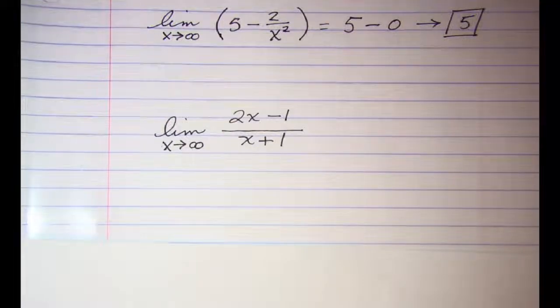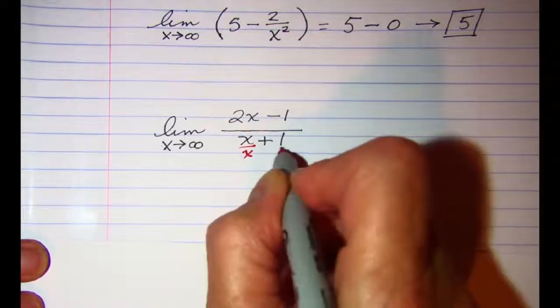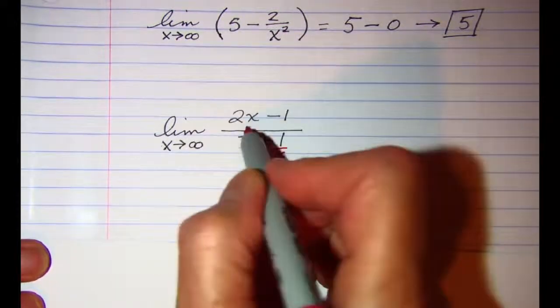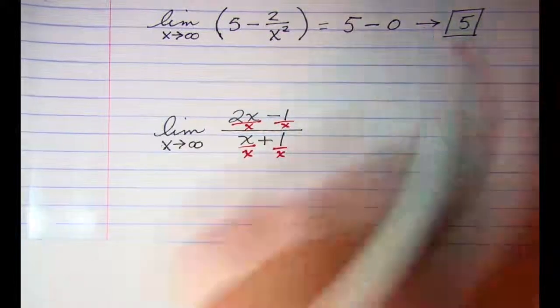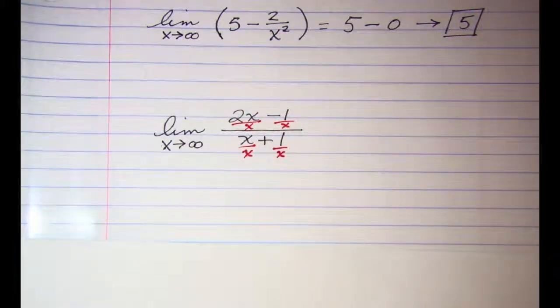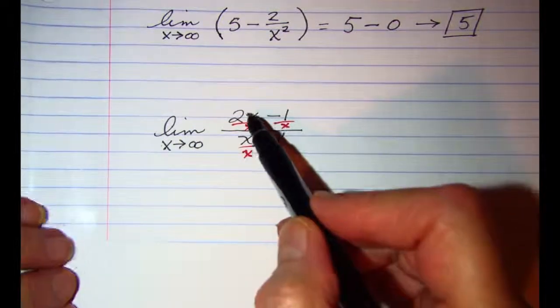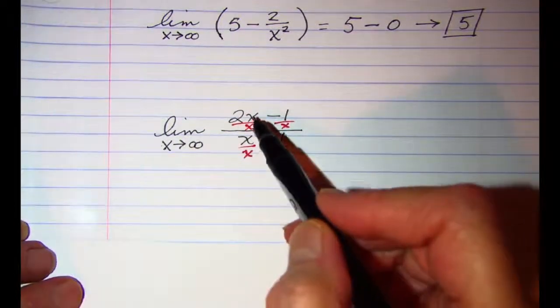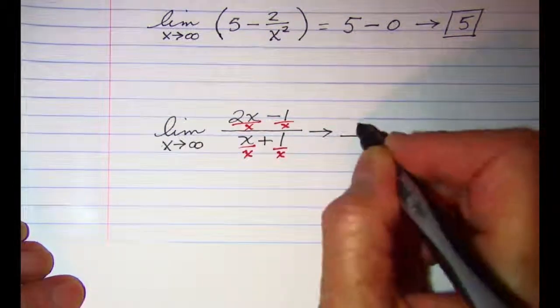Now this one we'll want to divide the top and the bottom by the highest power of x that's in the denominator. So we want to divide by x on every term. And then simplify. 2x over x, those x's cancel, and this becomes 2.